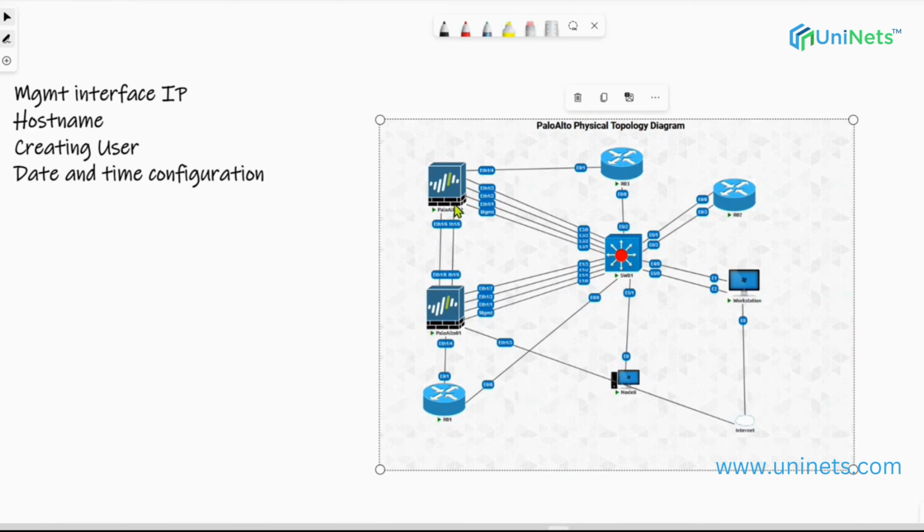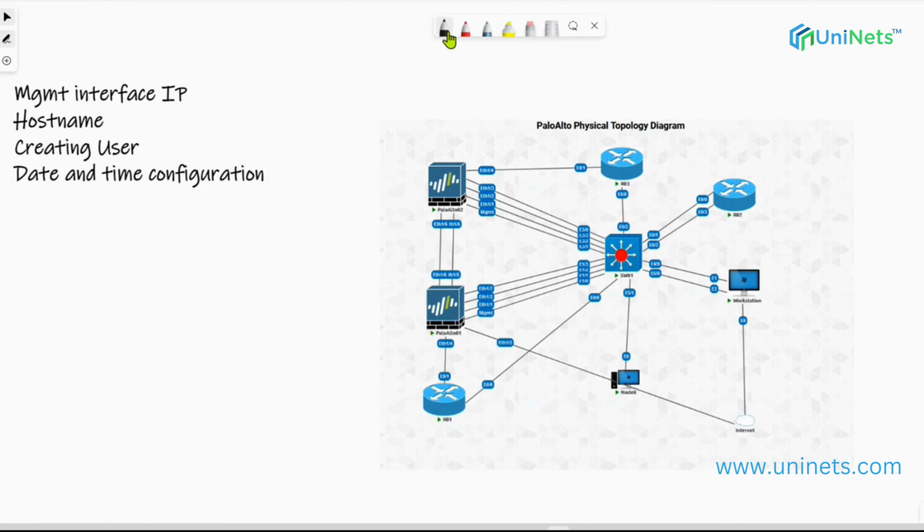Right now this is an individual firewall, okay? Panorama configuration would also come under basic, but right now we don't have a Panorama in this particular lab. If you have Panorama, then definitely you have to integrate your firewall with the Panorama.